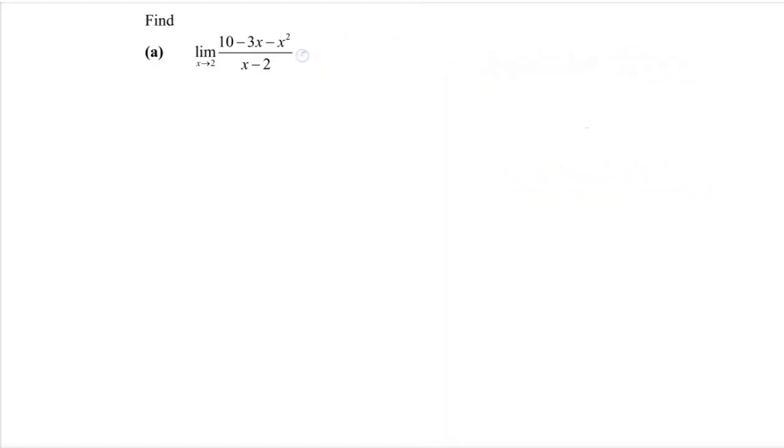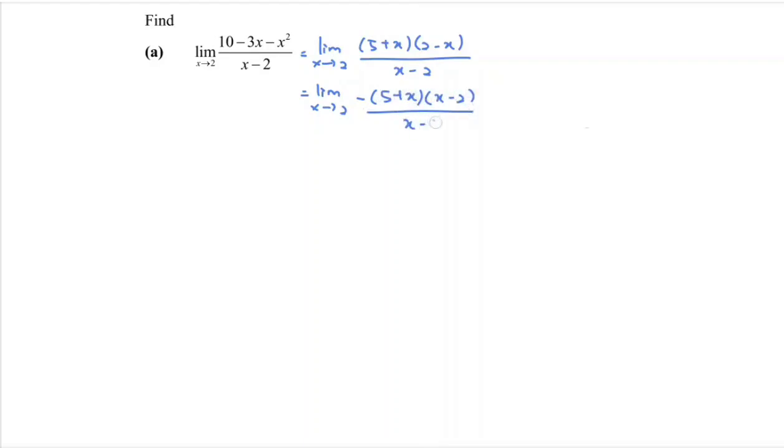If we factorize, we will have the limit when x approaches 2 of (5 plus x) multiplied by (2 minus x) over (x minus 2). Next, kindly factor out the negative from 2 minus x, so we have negative (5 plus x) multiplied by (x minus 2) over (x minus 2).